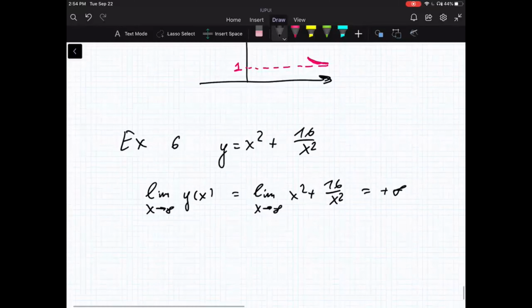But instead of that, you can talk about the dominant term, the term which is much bigger than the other.